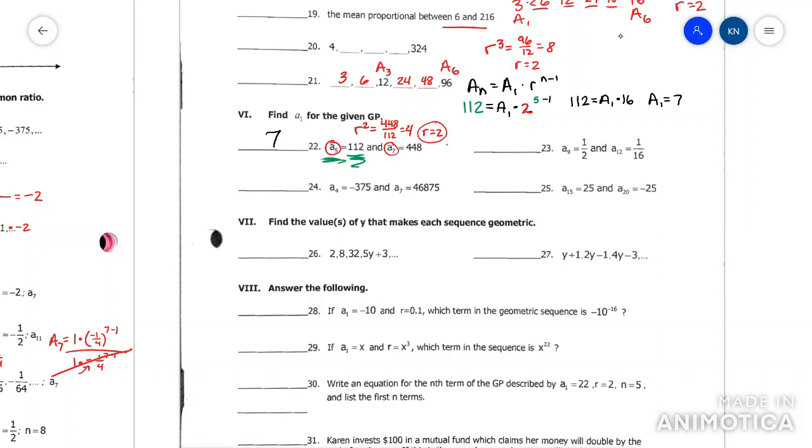Let me show you one with the fraction because y'all usually struggle on those. All right, so there's a difference of 3 here. So r cubed equals 1 over 16 divided by 1/2. If you do this, 1 over 16 divided by 1/2, you get 1/8. So r cubed equals an eighth. That means r equals 1/2.